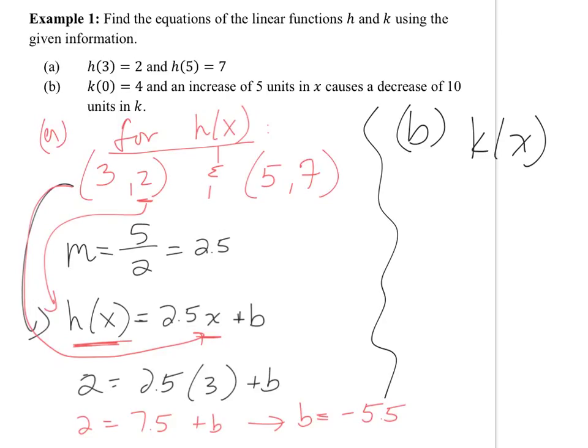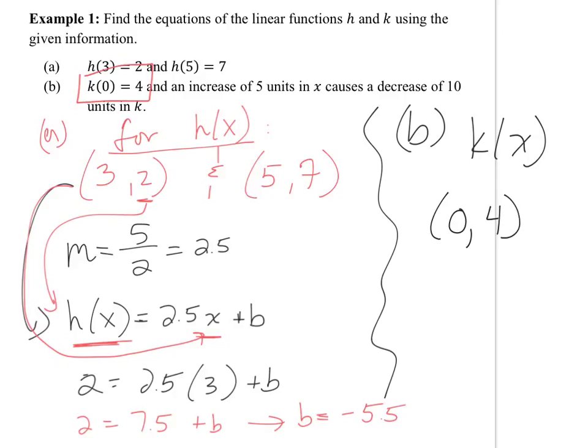Look at this statement right here. And we're looking for a function k of x. So we're told that k of 0, not k of x, but k of 0 is equal to 4. So 0 takes the place of what? So when x is 0, go ahead. Yes, you said it backwards a moment ago, okay?